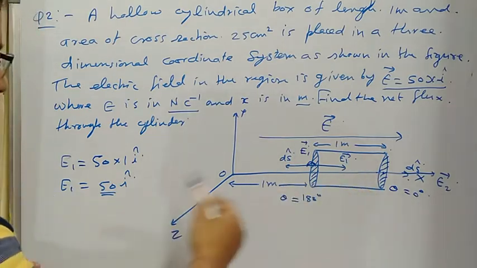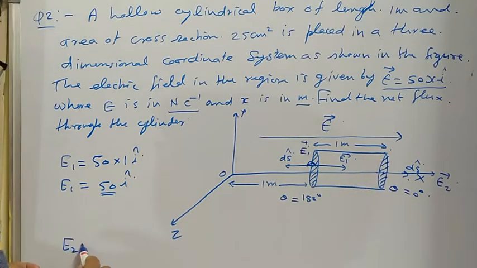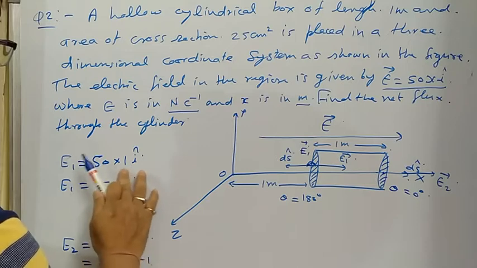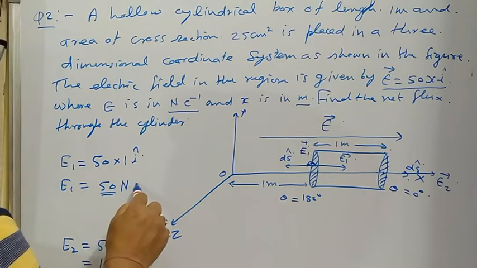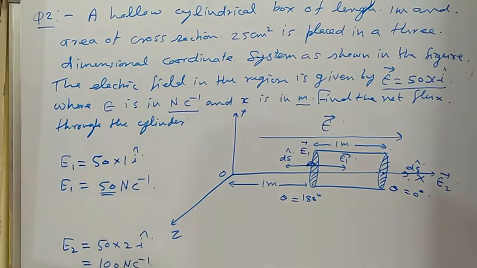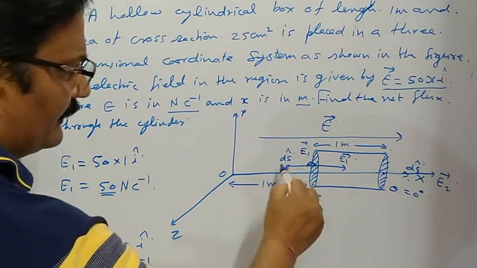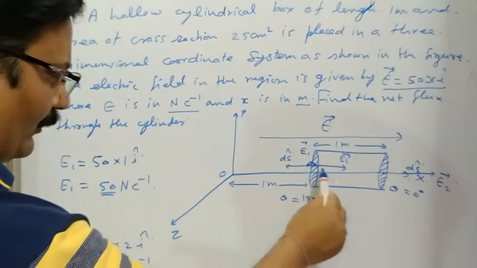The electric field at the other end of the cylinder, E2, is 50 into 2 i cap, that is 100 Newton Coulomb inverse. So what is the flux entering inside the cylinder at the left end?